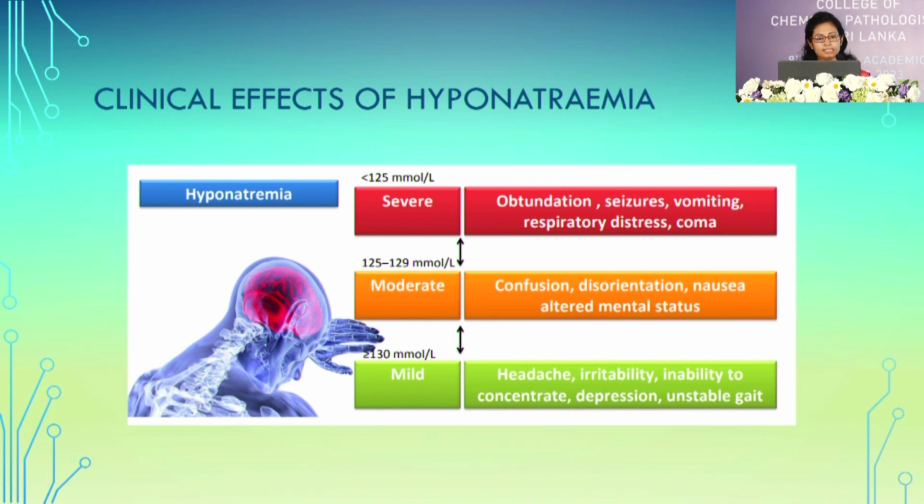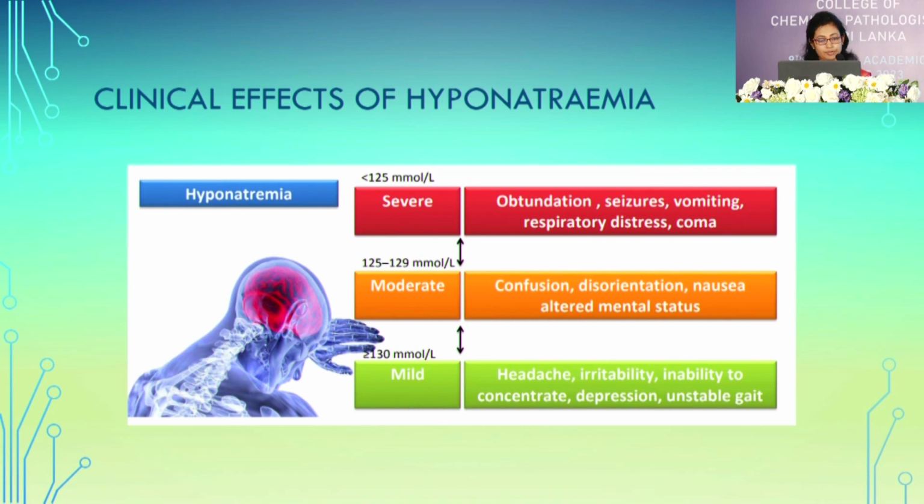These are the clinical effects that you get in hyponatremia depending on the severity. The patients can present with headache, depression or unstable gait, and most of the time we see patients with confusion and nausea, and sometimes they present with even vomiting and seizures.